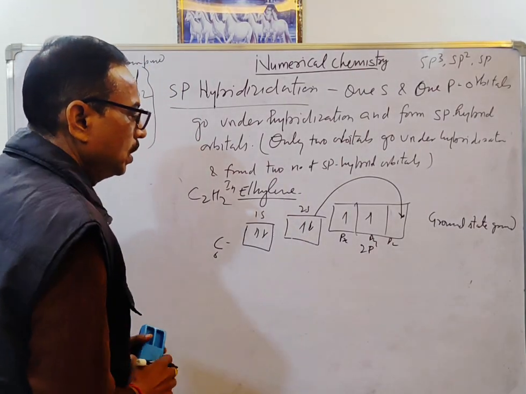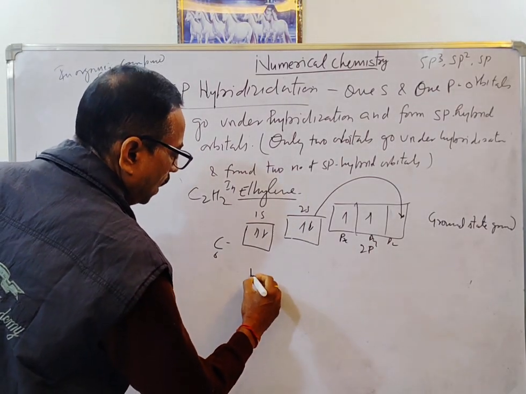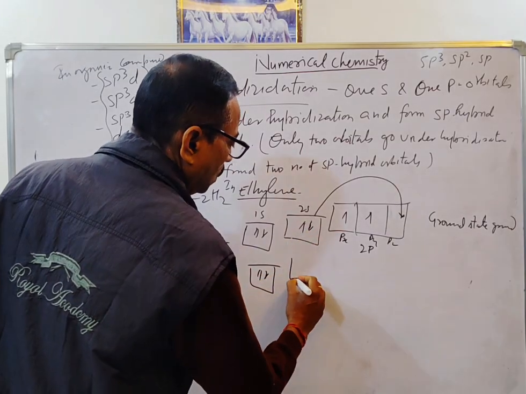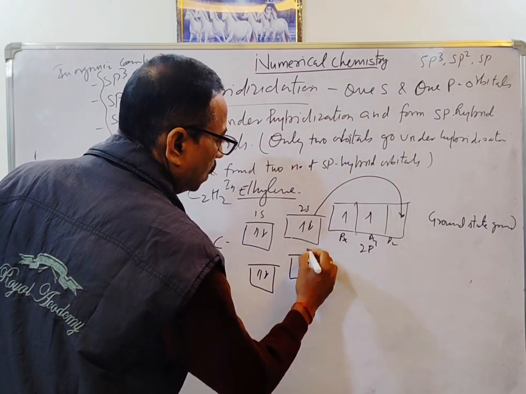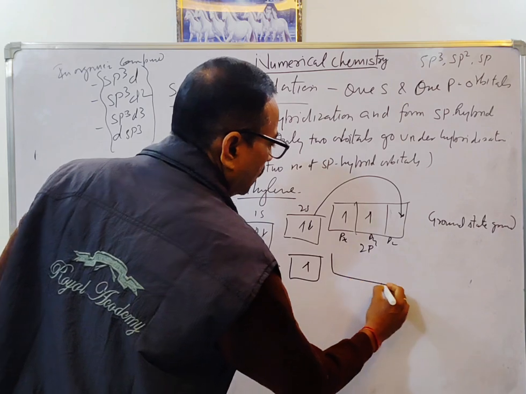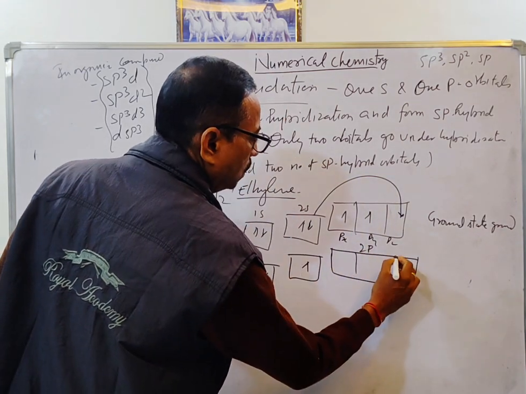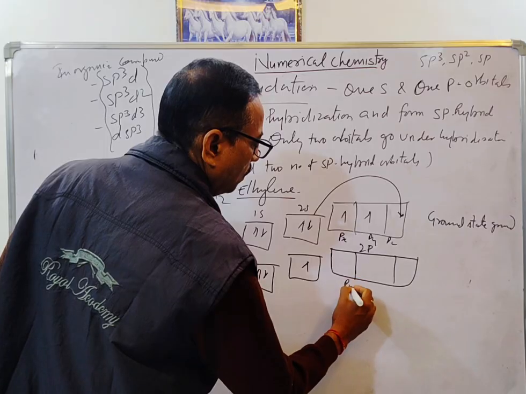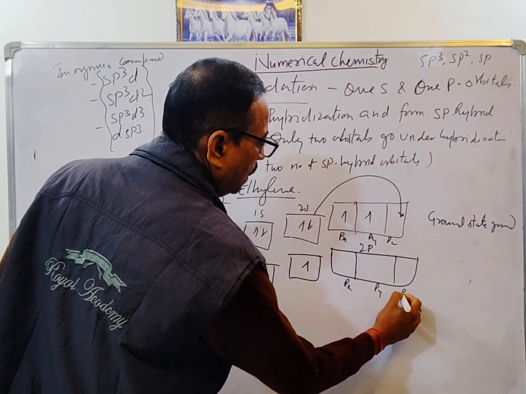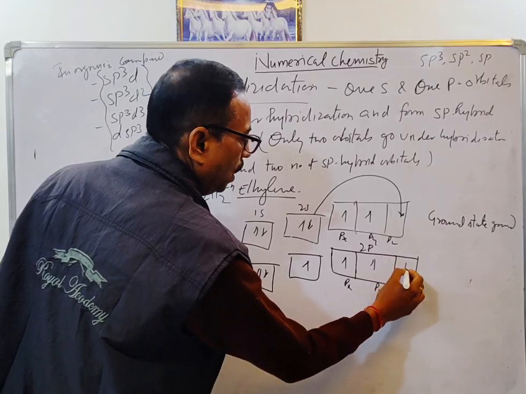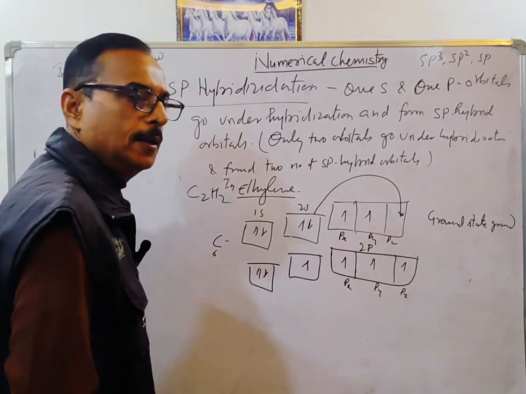So you see this is the ground state, this is 1s, this is 2s, and this electron moves here. So the picture is like this. This is px, py, pz, and this electron moves here. So a single electron or unpaired electron.